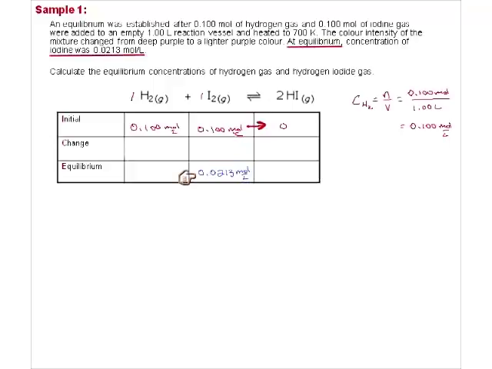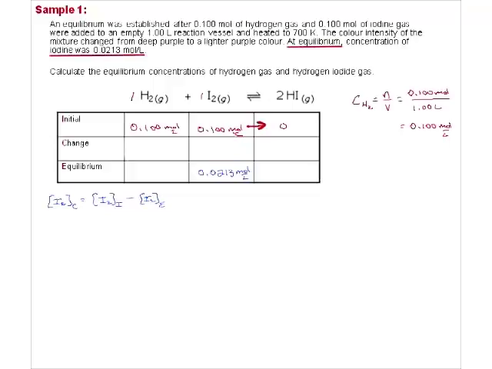So we're looking at this value and saying, this is what we started with for iodine. This is what we ended up with. Can we calculate the amount of change in iodine? And the answer to that is absolutely, because the change in iodine is simply going to be the difference between the initial concentration of iodine and the equilibrium concentration of iodine.